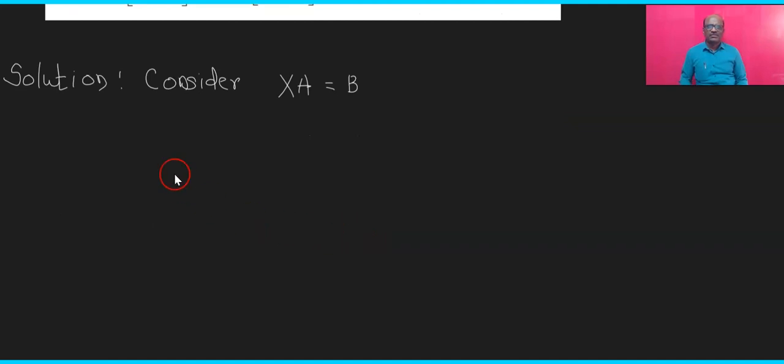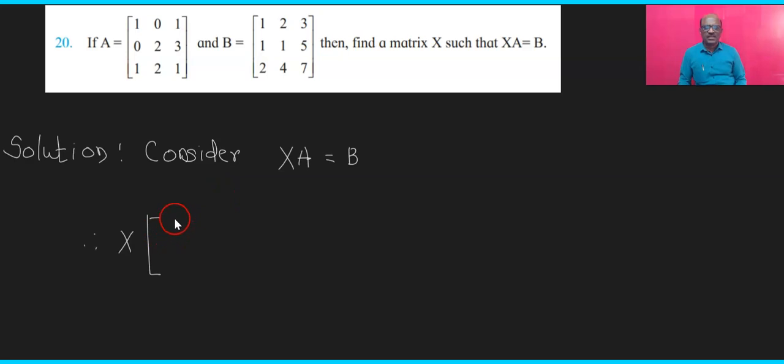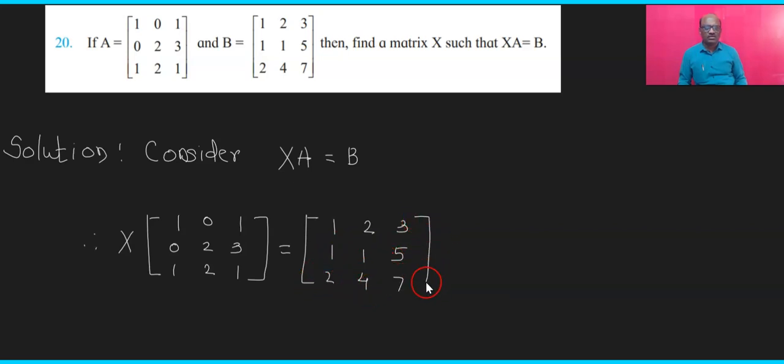Now here we will write X into the A matrix. What is A? A is [1 0 1; 0 2 3; 1 2 1], and on this side matrix B is [1 2 3; 1 1 5; 2 4 7].